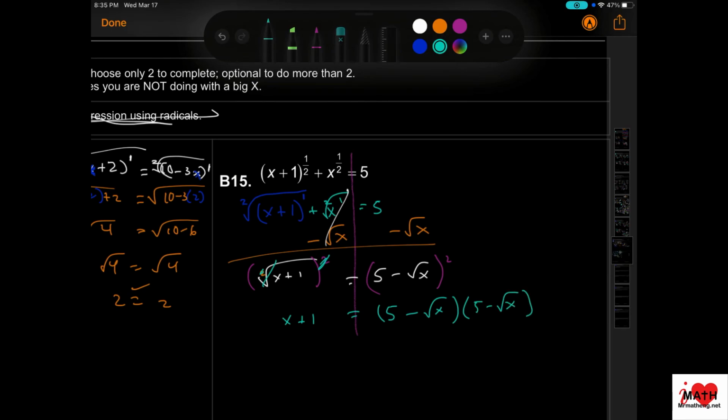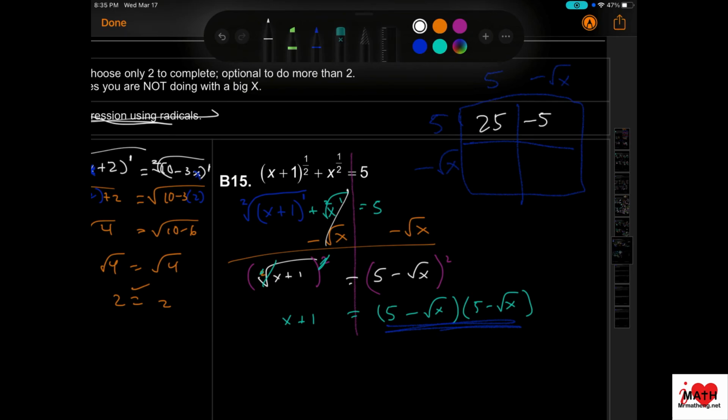And then here, we can use our box. So 5 minus square root of x, 5 minus square root of x. So 5 times 5 is 25.